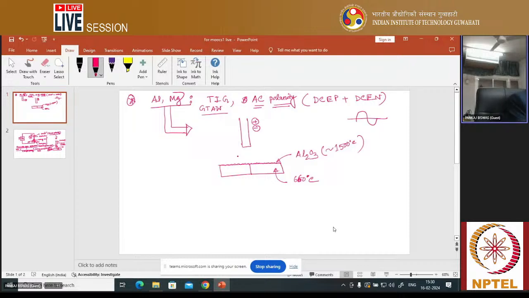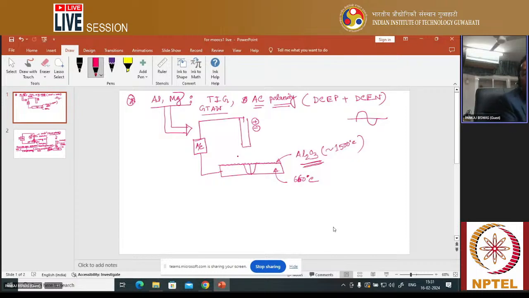Once it is connected with an AC power source, the electrode acts sometimes as a positive terminal and sometimes as a negative terminal. Always keep this in mind. Generally, this alumina is a tenacious oxide.